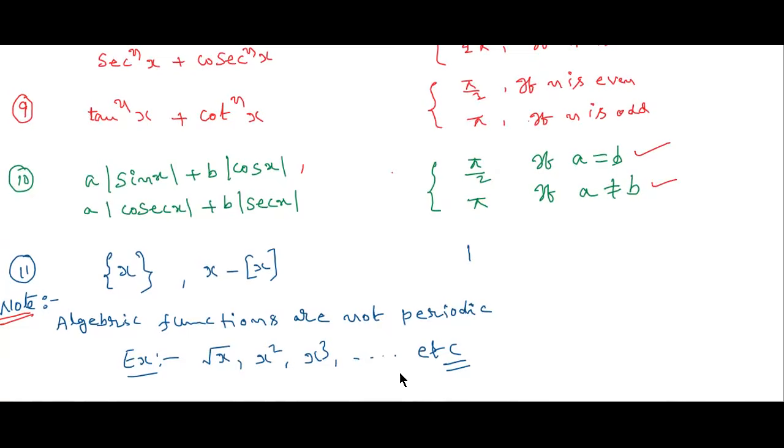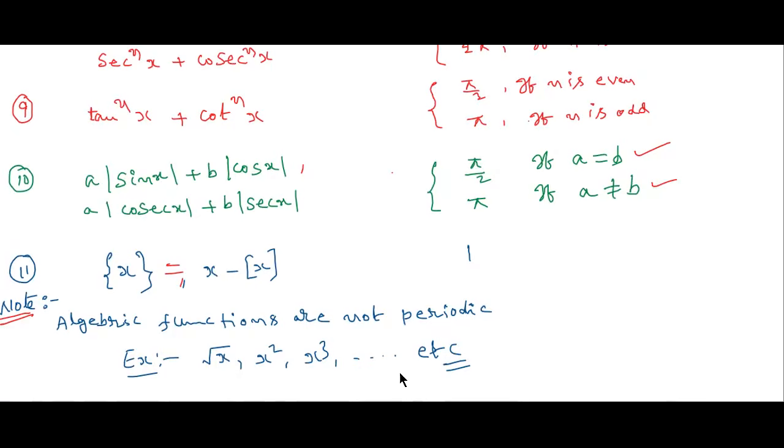Now 11th one, floor x, fractional part x or x minus step x. Fractional part x is equal to x minus step x only, both are equal. Okay, so what is the period of the fractional part, or x minus step x? It is 1. Okay, remember it.